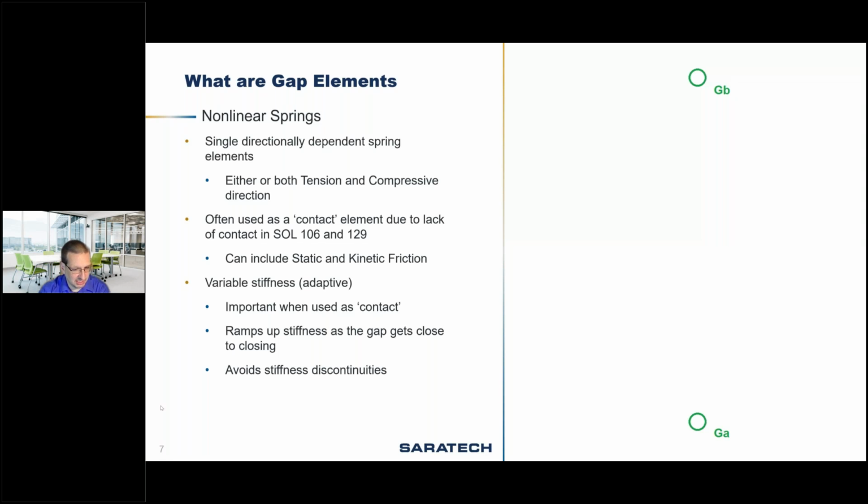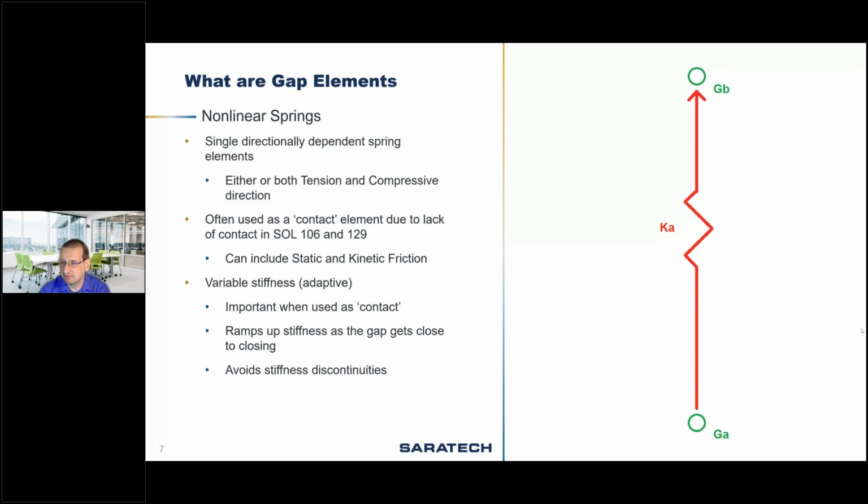So, more simplistically, I've got a little example here on the right. We are looking at two nodes here, GA and GB. We are basically defining a connection between these two, a vector, and we're assigning a spring Ka to it.